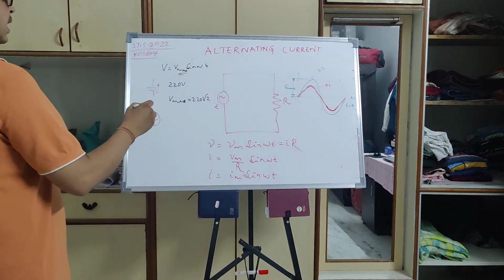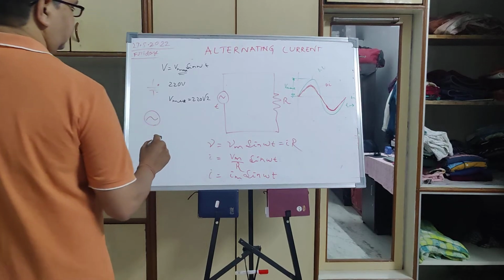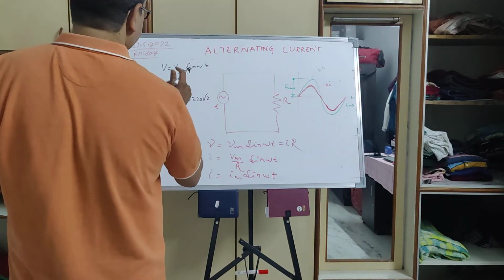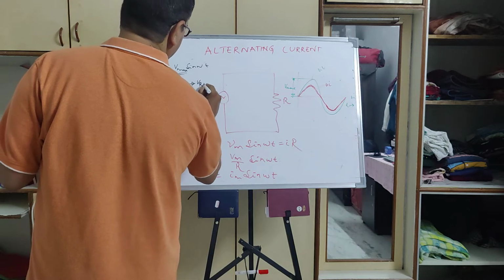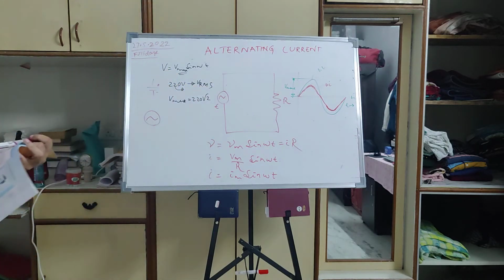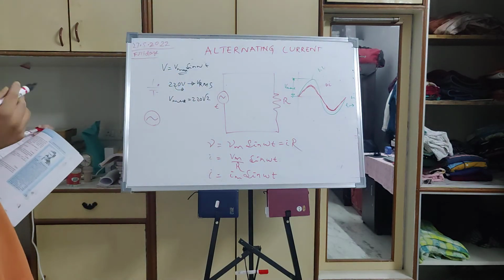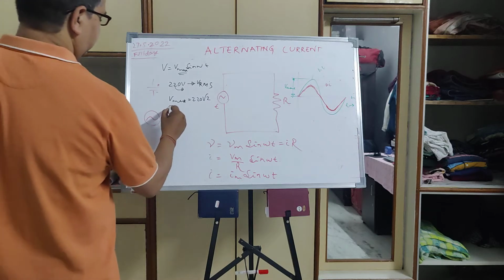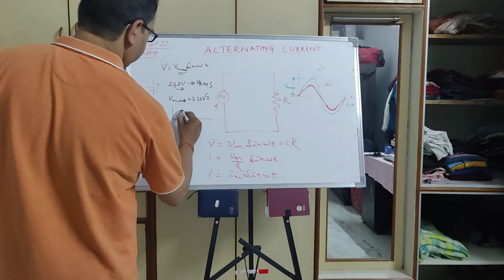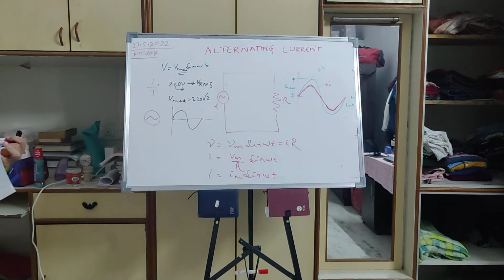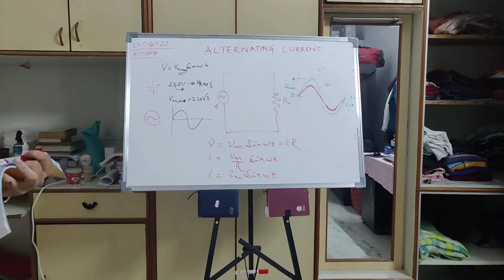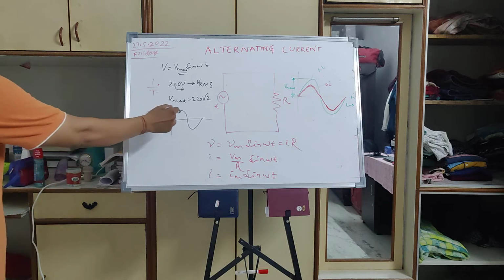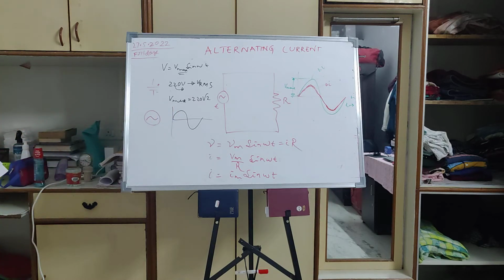So actually this 220 volt is nothing but V RMS. We call it root mean square voltage. When you see this alternating voltage, somebody will ask you what is the voltage. If you take the mean, a sine wave mean is 0.